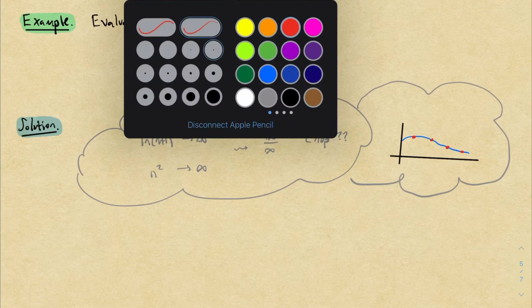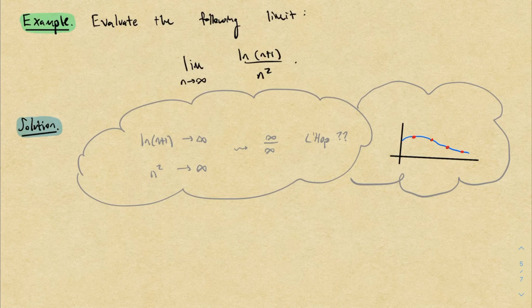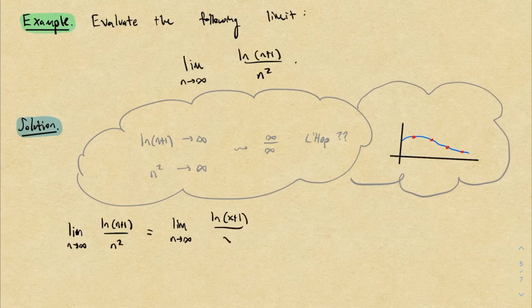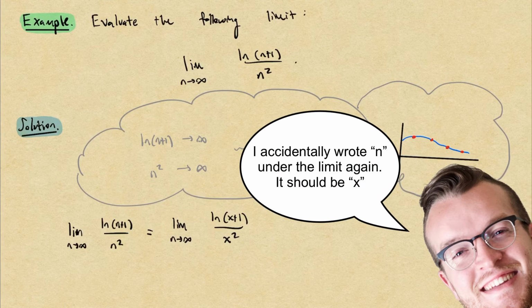I do want to use L'Hopital's rule. This seems like a situation where I could apply it, and the first thing I'll do is I'll switch to a function of x so that I know I can take derivatives. So this first step might seem a little silly, but I'll start out by saying the limit as n goes to infinity of log of n plus 1 over n squared, the thing I actually care about, a sequential limit, is actually the same as the limit as x goes to infinity of log of x plus 1 over x squared.